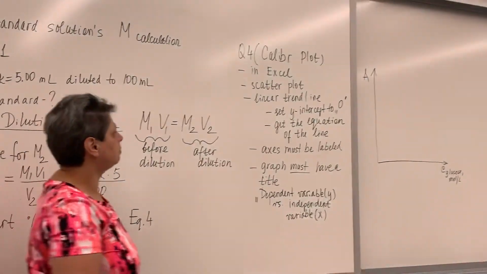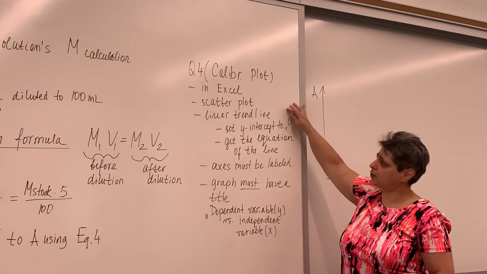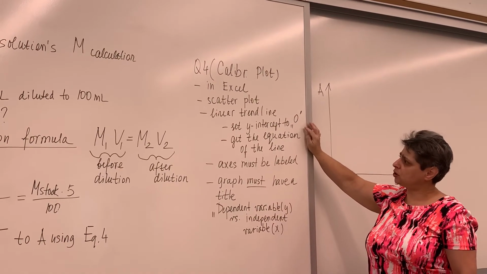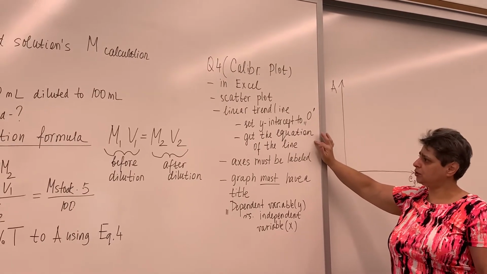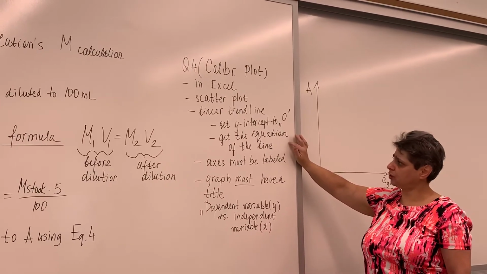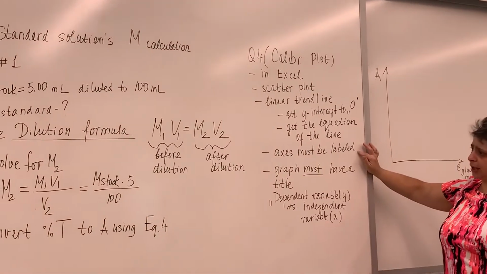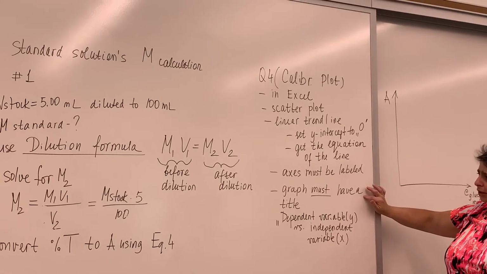The calibration graph, as I already mentioned, must be made in Microsoft Excel. You should make a scatter plot, and then you should get a linear trend line. For Beer's law, we typically set the y-intercept to 0, and you also need to get the computer to give you the equation of the line. Make sure axes are labeled and the graph has a title.